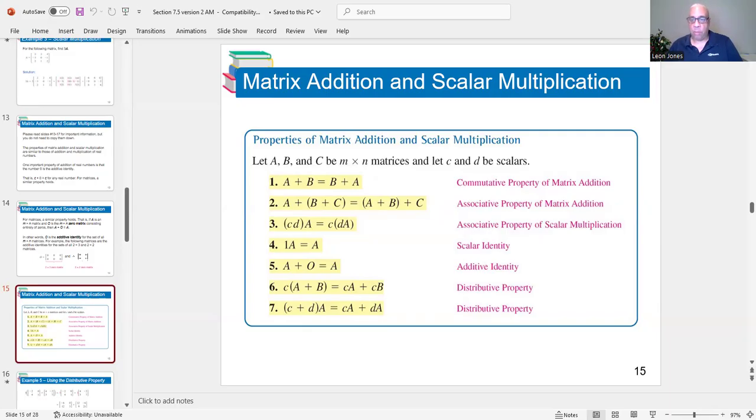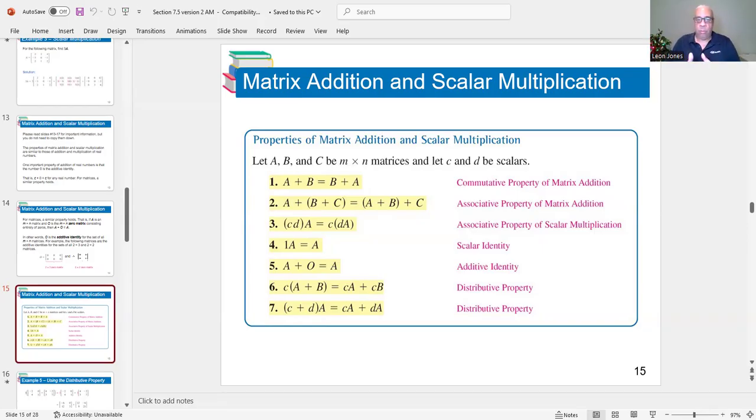Now, something else you need to know works the same way with multiplication: the associative property of multiplication. So 2 times 4 times 3 is going to give me 24. If I start the parenthesis at lowercase c, d, I'm going to come out with 2 times 4, which is 8, times 3.